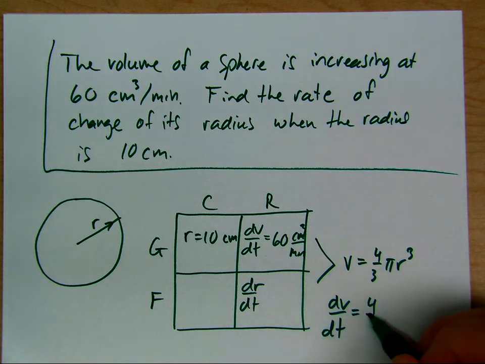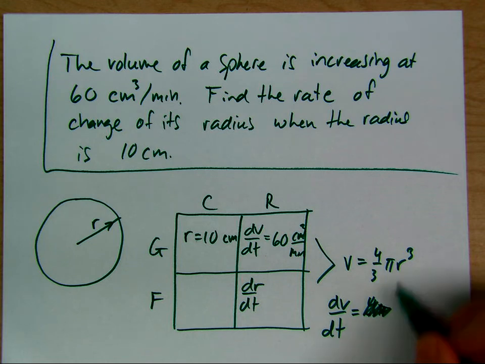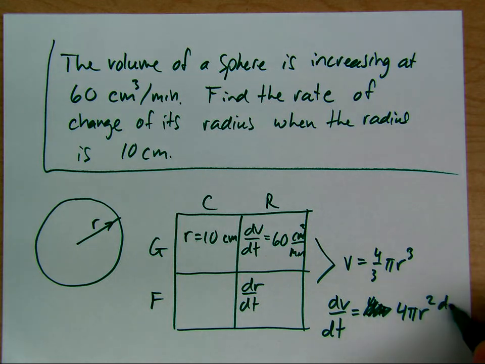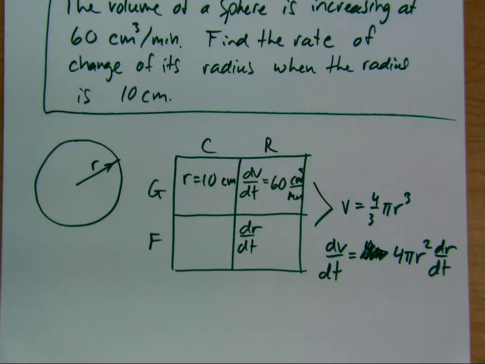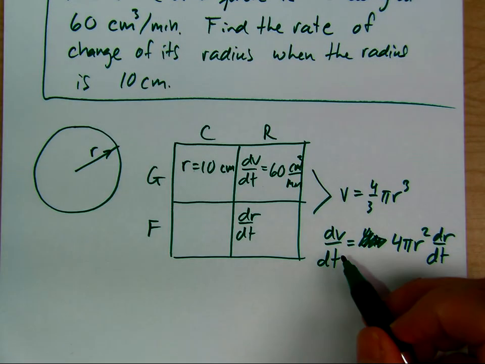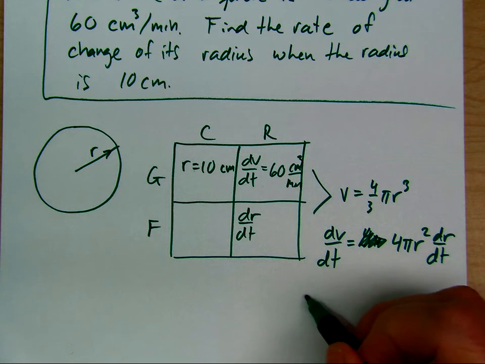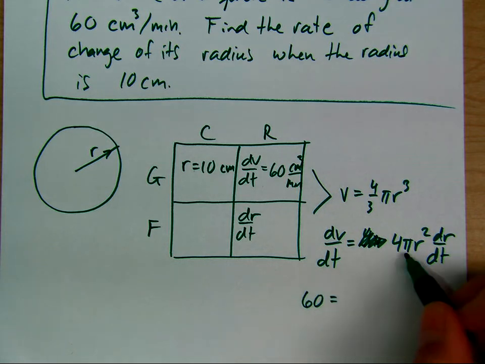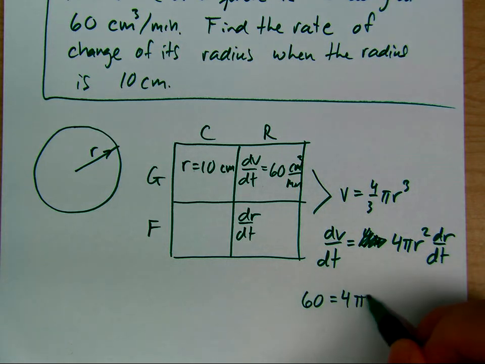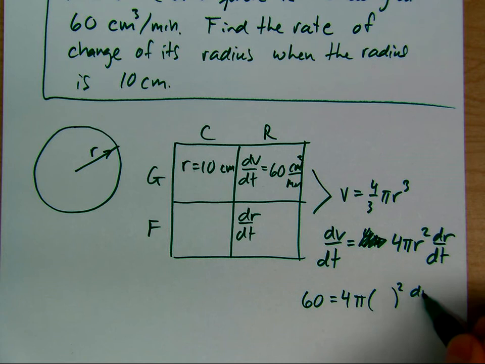is 4 pi, and multiplying the exponent 3 by the 1/3, we get 4 pi r squared dr/dt. We know dV/dt, 4 pi r. We have r. We just have to solve for dr/dt. R is 10.